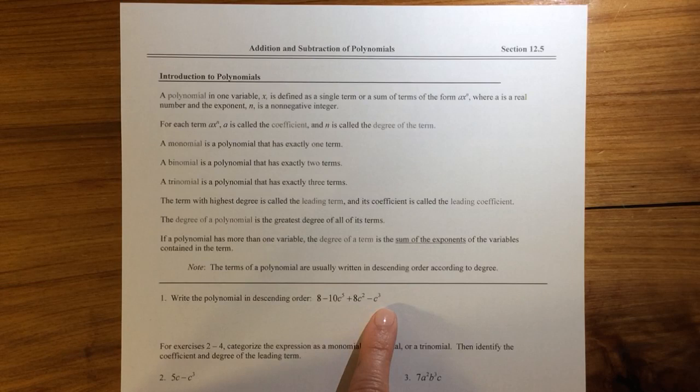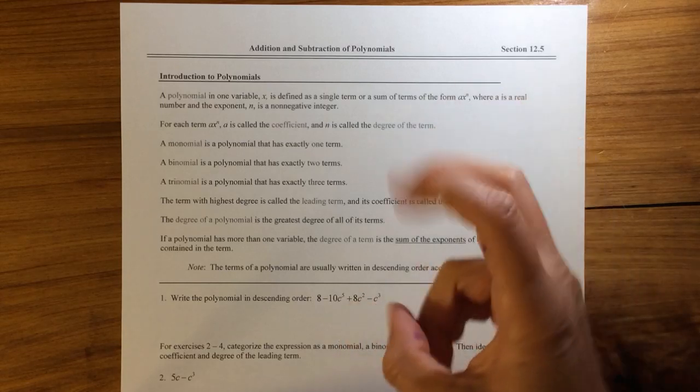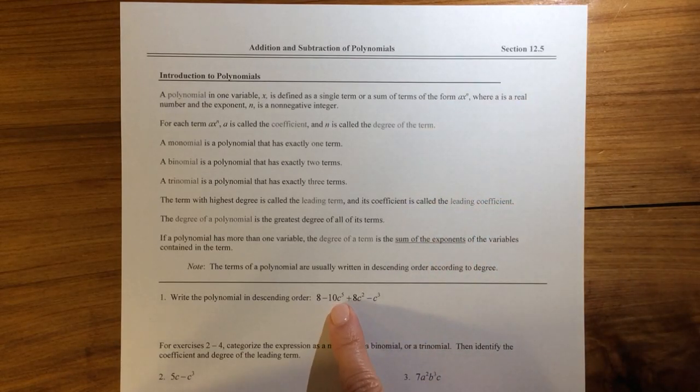The coefficients respectively are 8, -10, 8, and -1. But what we would call the degree of this is a 5. We get more into this in chapter 3. So if you want to look in the syllabus exactly when we're covering polynomials in college algebra, you can do that. But this is what we call degree 5.